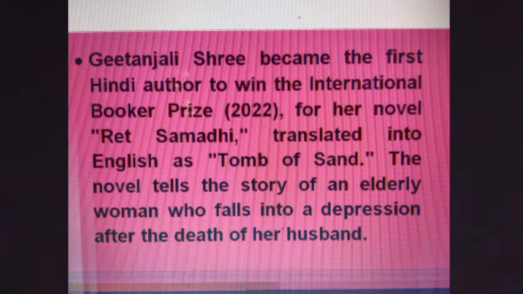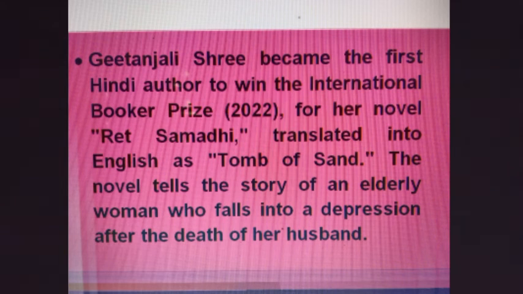And our International Booker Prize winner is Geetanjali Shree. Geetanjali Shree became the first Hindi author to win the International Booker Prize for her novel Ret Samadhi, translated into English as Tomb of Sand.